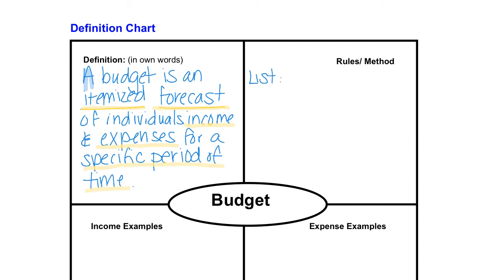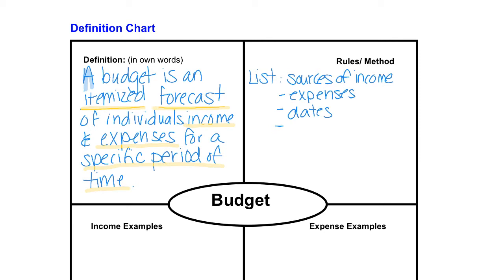So the first thing we need to list are our sources of income. Okay, the money that's coming in, and then we need to list our expenses. And these are our non-discretionary and discretionary. We definitely need to have dates on there.